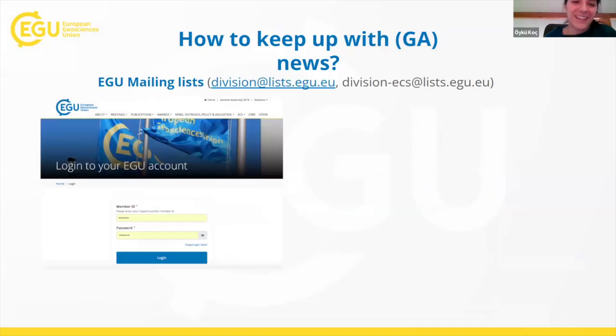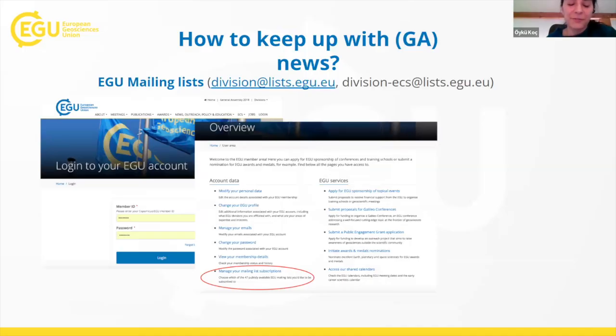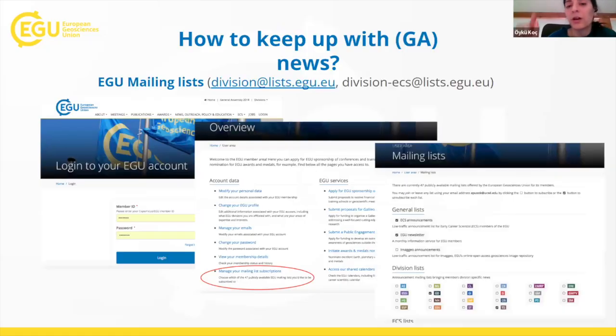Next slide, please. So you can sign up to the mailing list by first logging into your EGU account. Then from your user area, at the bottom, you can see manage your mailing list subscriptions. From here, you can choose which division mailing list you want to sign up to.